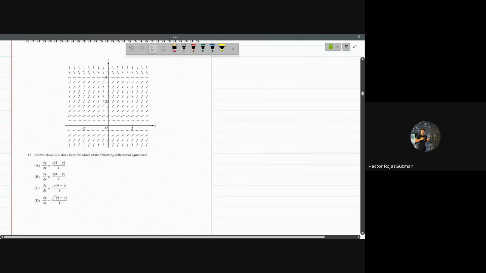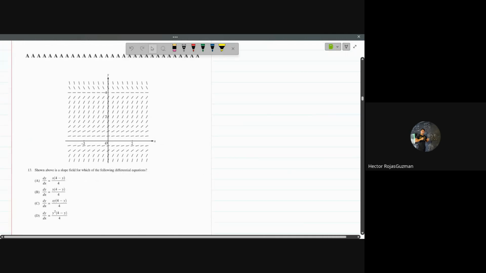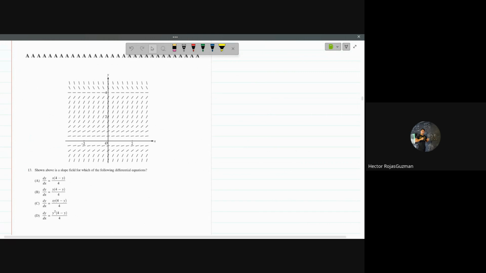Shown above is a slope field for which of the following differential equations. Interesting. You're going to have to guess and check here. Well, here's a big hint.